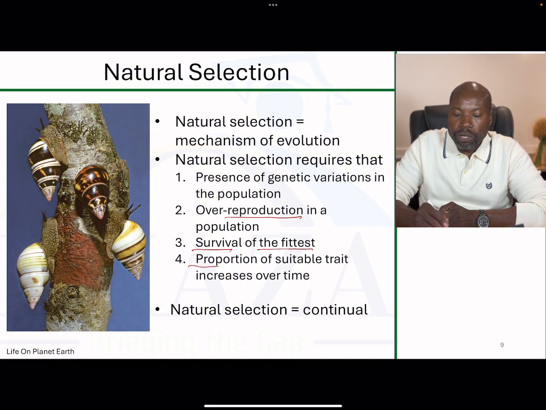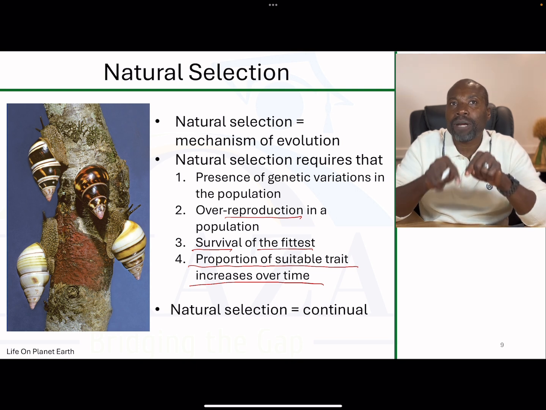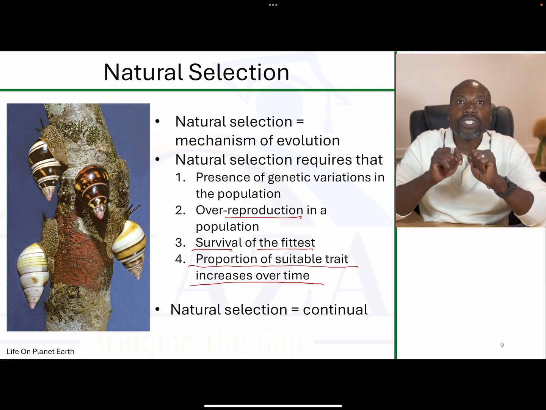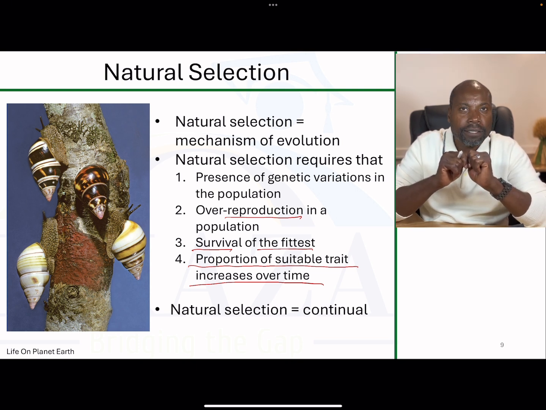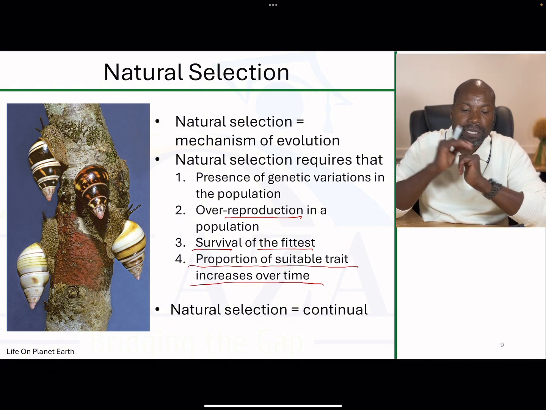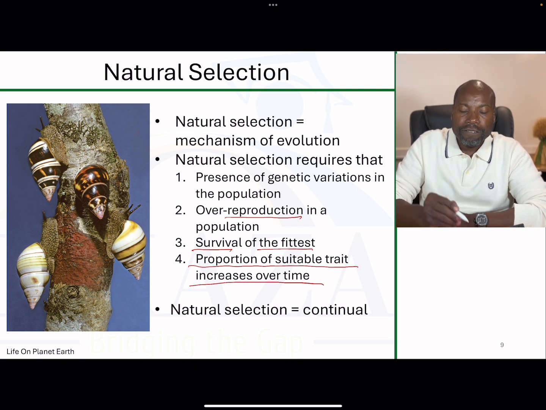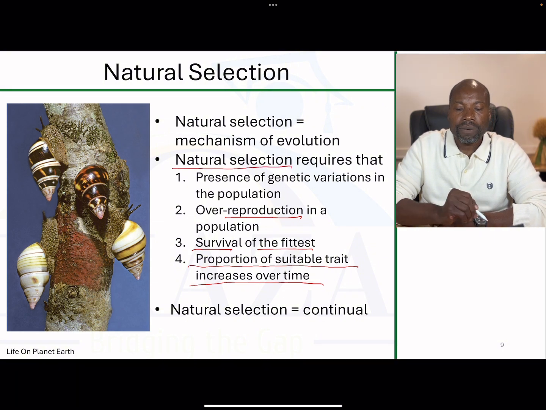So the proportion of suitable trait increases over time for the individuals who have that trait, right? Those individuals who don't have the trait suitable for survival and fitness are going extinct, right? So that is the premise of natural selection, right? Presence of genetic variation, okay?